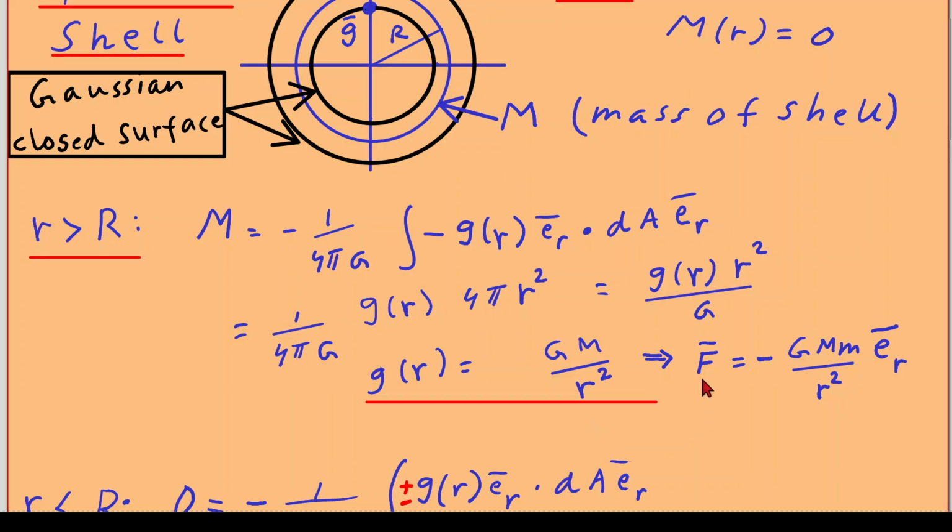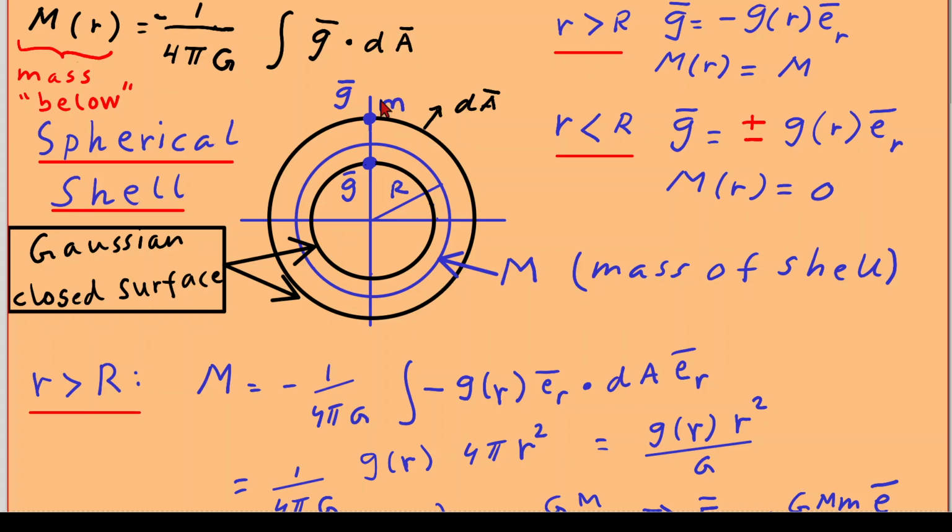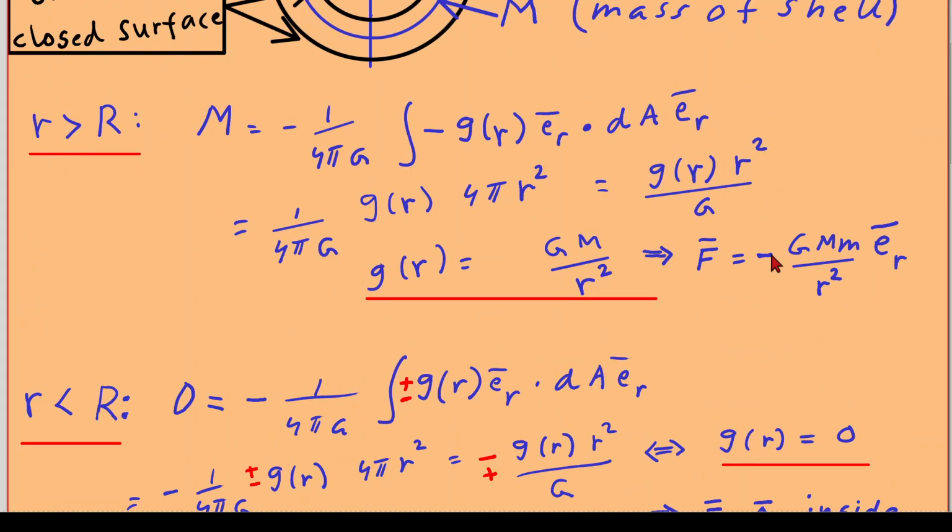And if you like, the force, which is just mg, if we say we have a mass m, and here is g, we just calculated the field strength here, so we can find that the force is like this. So this looks like the standard gravitational law by Newton.